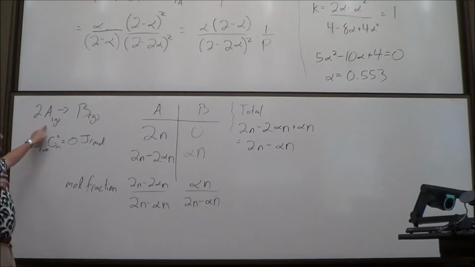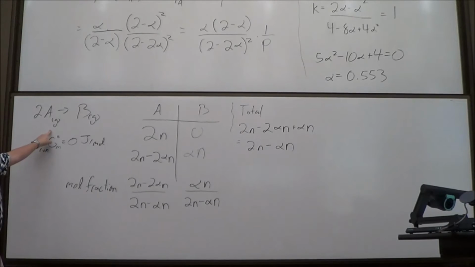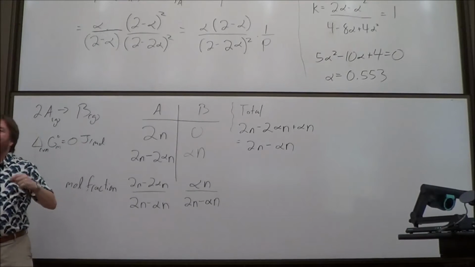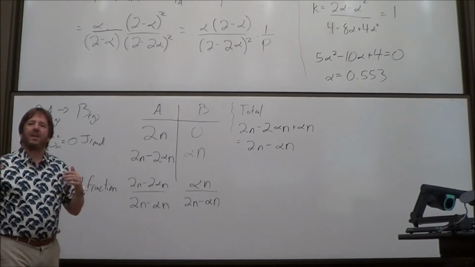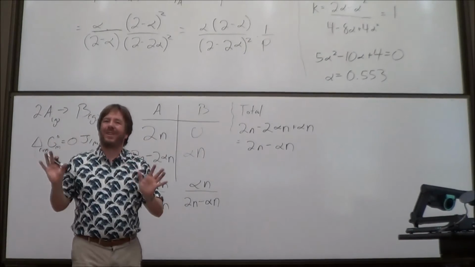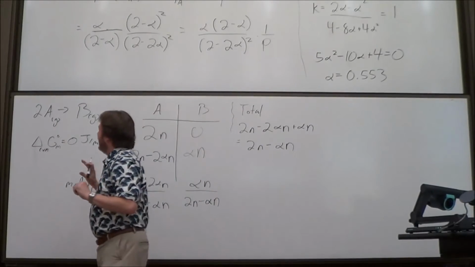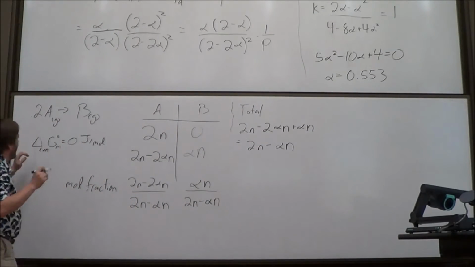The reason it makes sense, and this is related to the test, one of the questions on the test is that by a little bit more than half of A forming B, there's more mixing, right? You create more diversity because, I mean, that's exactly what's going on.